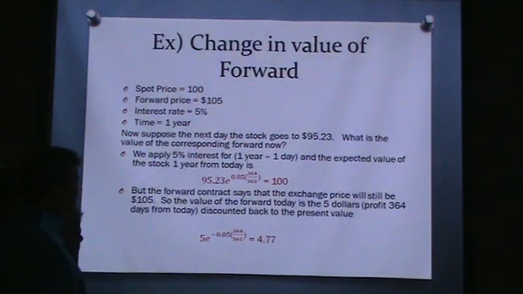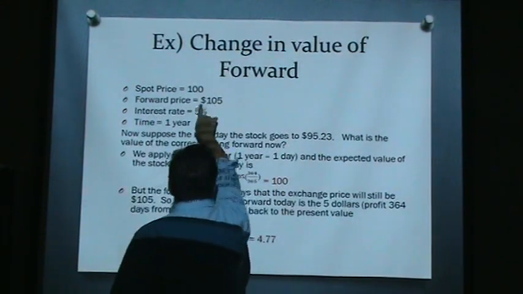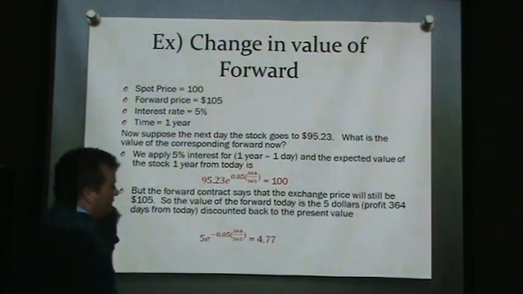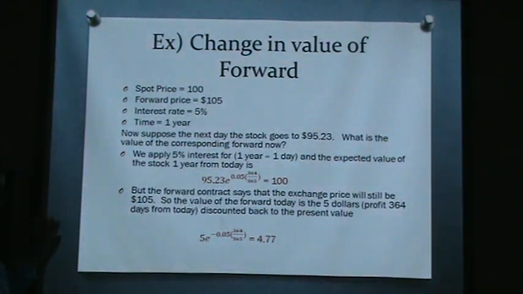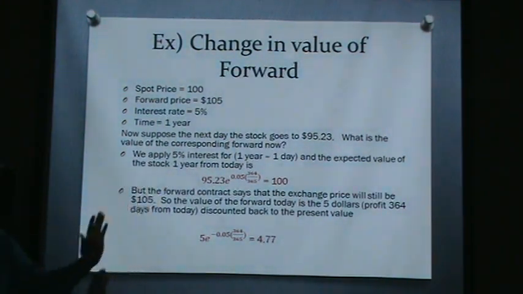So after one day of the stock price dropping from 100 to 95.23, the forward contract that was just signed yesterday is giving that person an expected loss of $5 364 days from now.